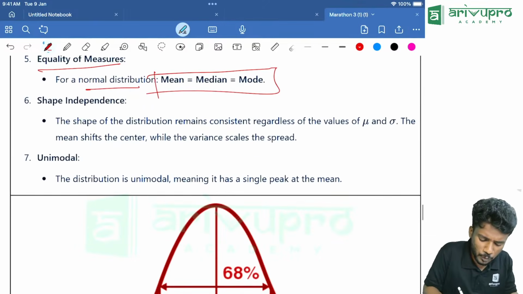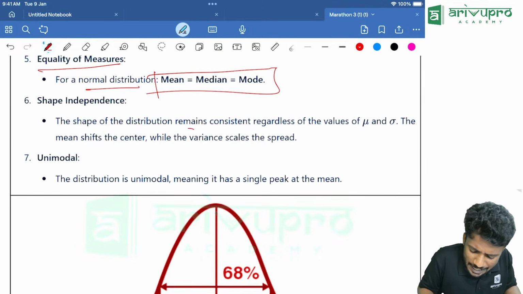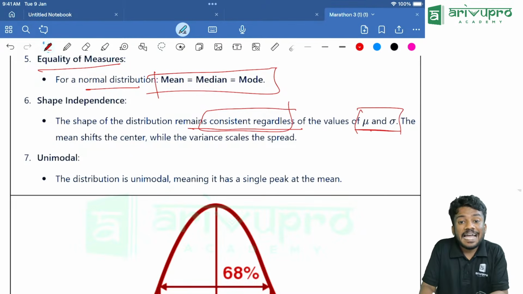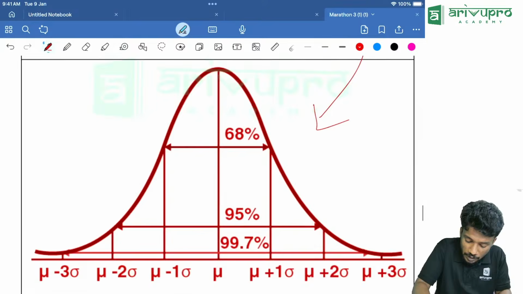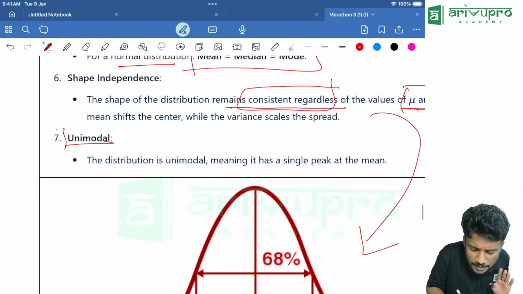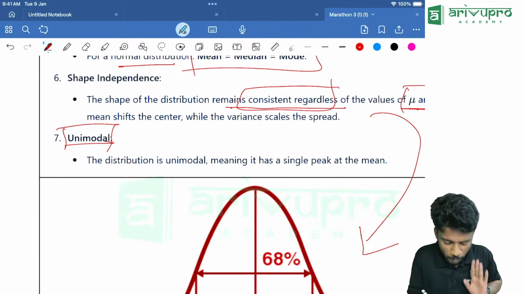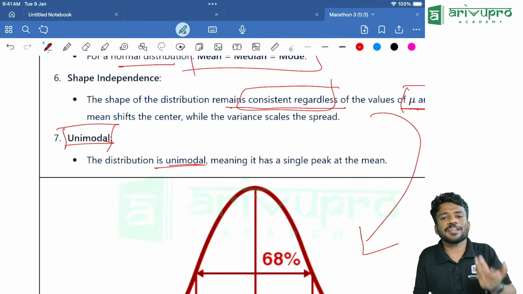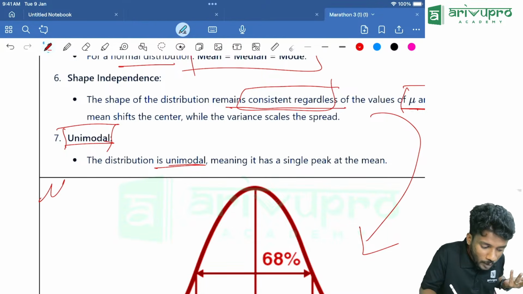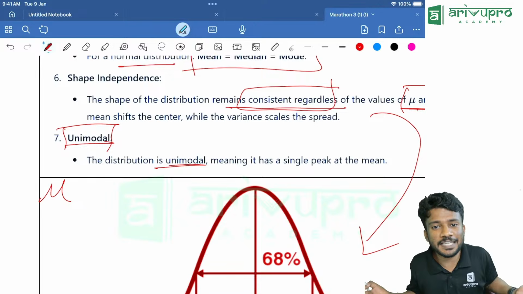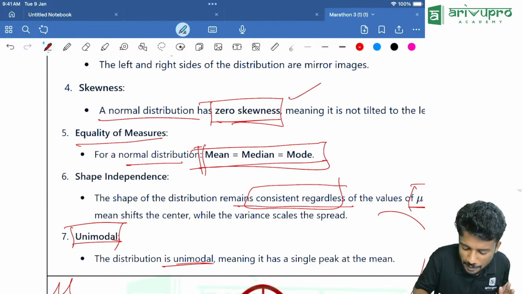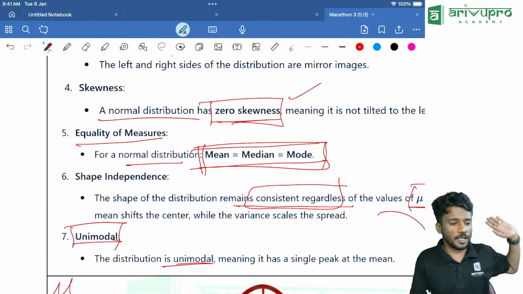Another previous year question. It remains consistent regardless of the values of mu and sigma. That I will talk about with respect to the curve given here in a few minutes. Then it has only one mode. How many modes are there? It is unimodal. What is the value of mode? Whatever we find as the value of mean or mu, that itself is the mode. Here mean, median and mode are equal. Perfect?